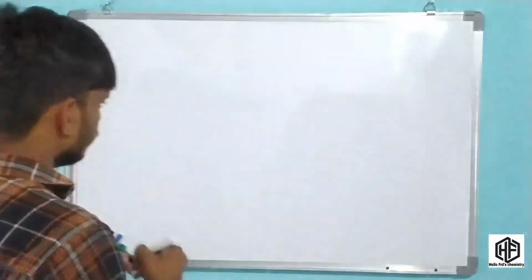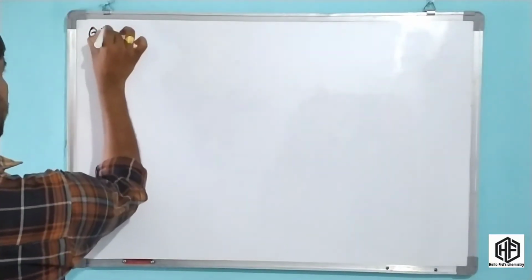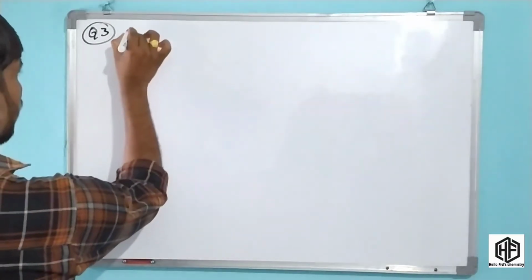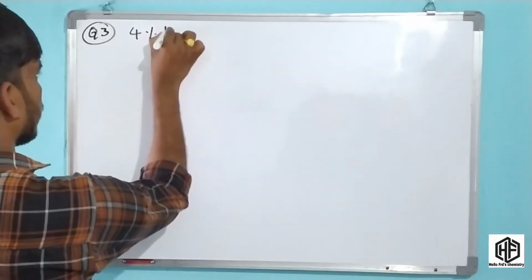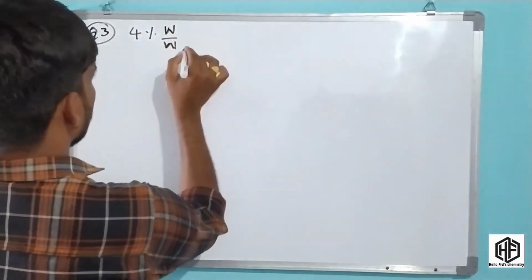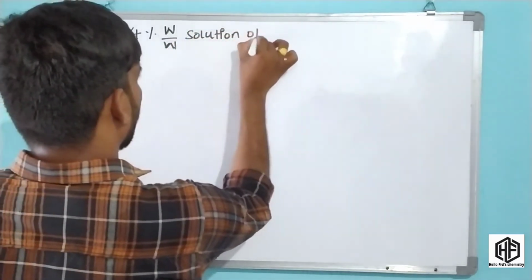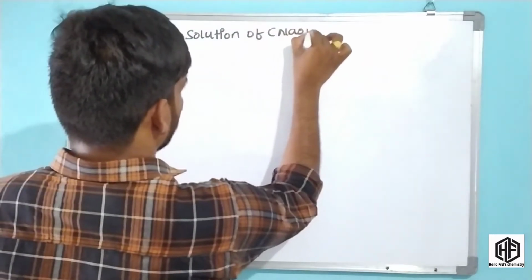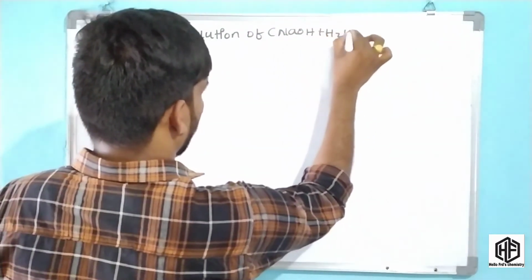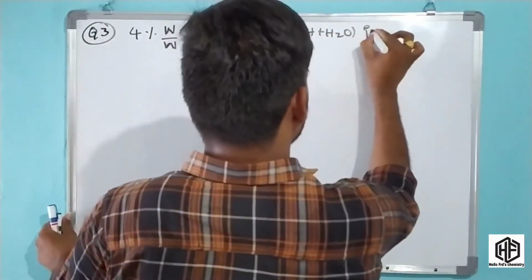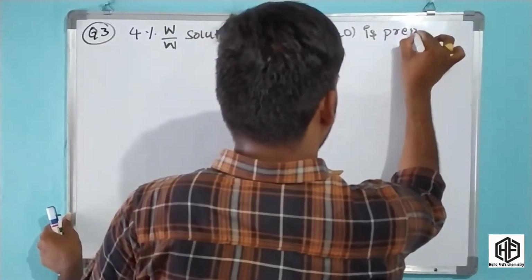The question is, this is very important friends. The question is: a 4% weight by weight solution of NaOH plus H2O is prepared.